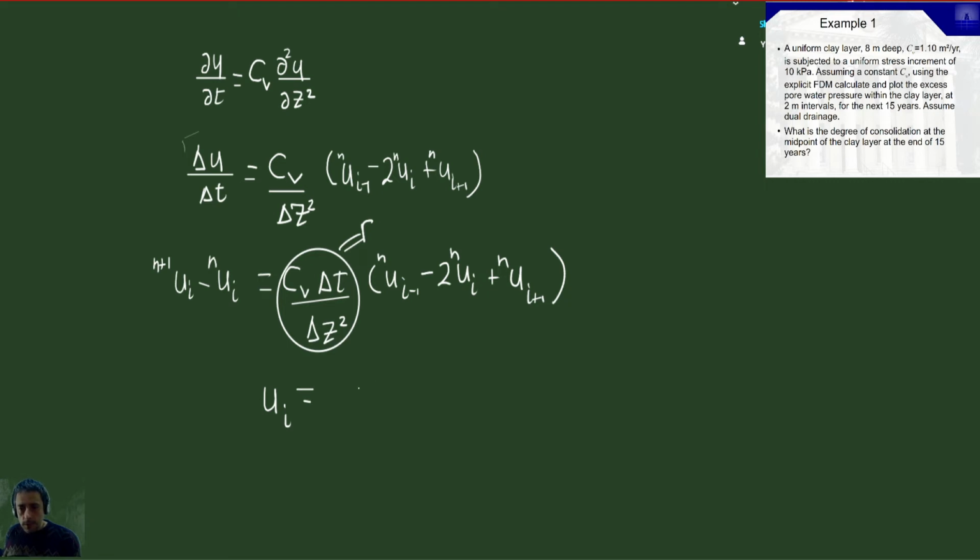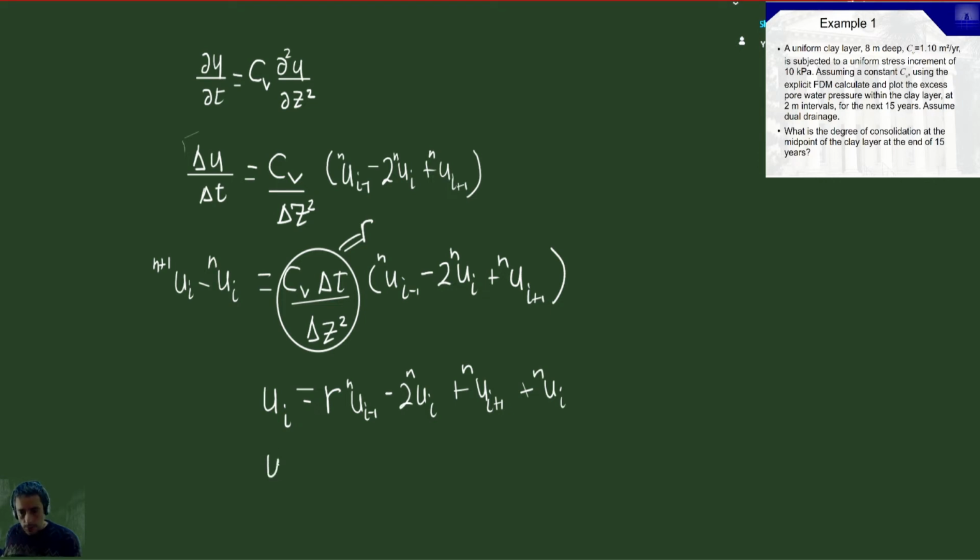So this is equal to r times ui minus 1, all at time n, minus 2ui at time n also, plus ui plus 1 at time n, plus ui at time n.